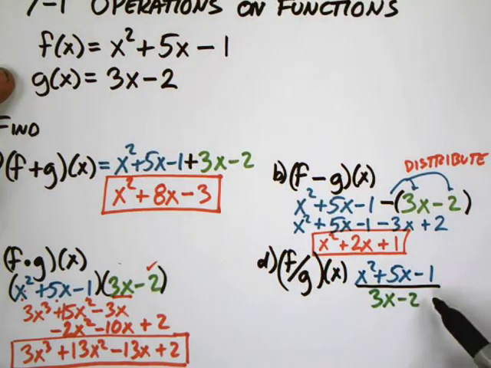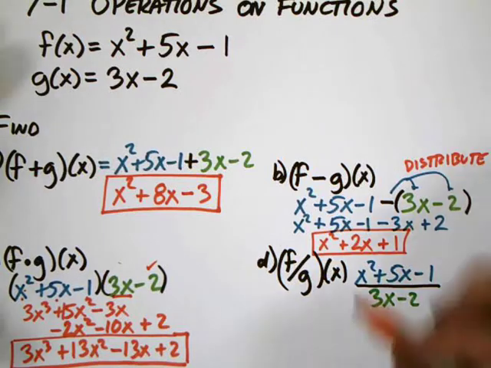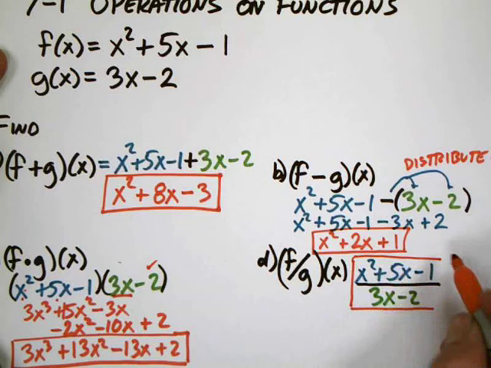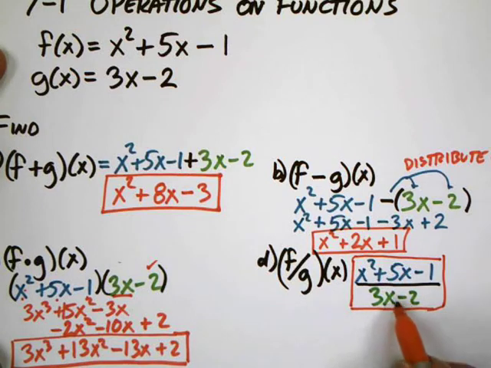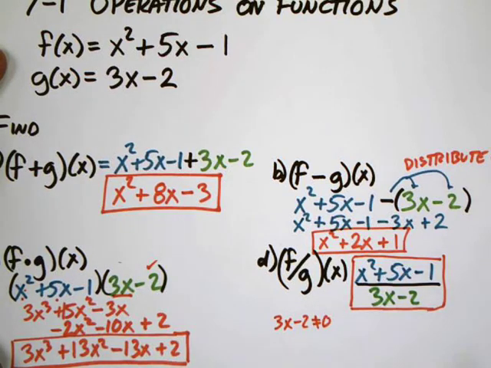There's nothing I can cancel, and I can't factor, so I actually have this as my answer. This is actually it. And since we have some x's in a denominator, we have to be careful. Remember, our denominator is never allowed to equal 0. So this 3x minus 2 cannot equal 0 ever. If this equals 0, we have a denominator that has 0, and that's not mathematically allowed.